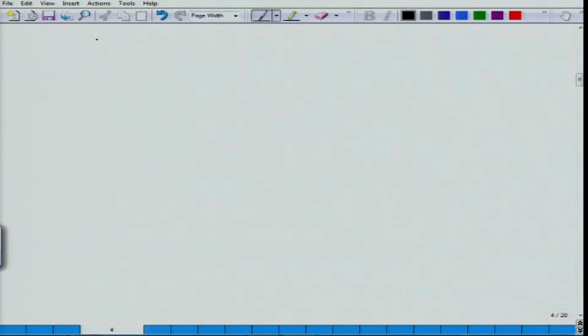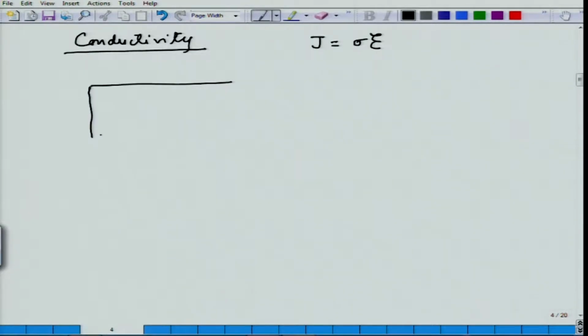I will recall that when we were discussing conductivity of any material, you know that current density is given by conductivity times the electric field, and the conductivity there was dependent only on electron concentration, but here we are going to talk about conductivity of the material, which is going to depend on both electrons and holes. So, this is what we are going to assume in this model.